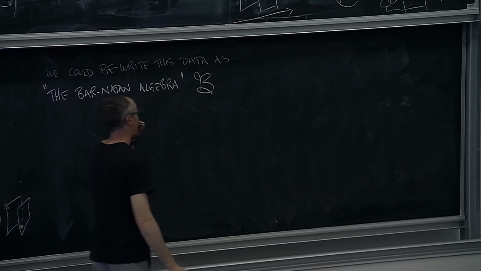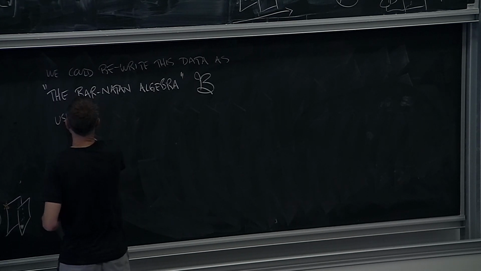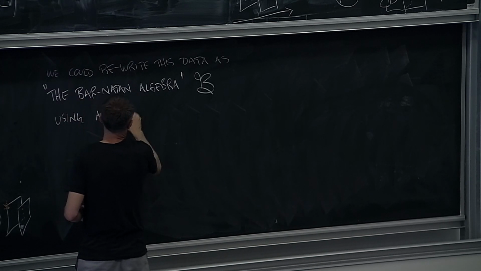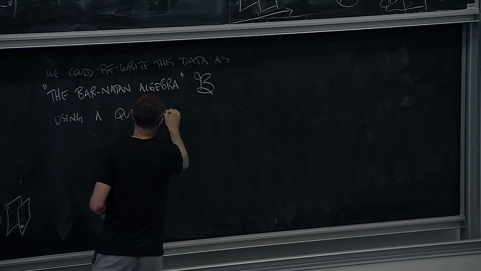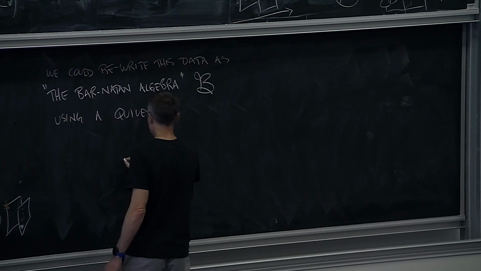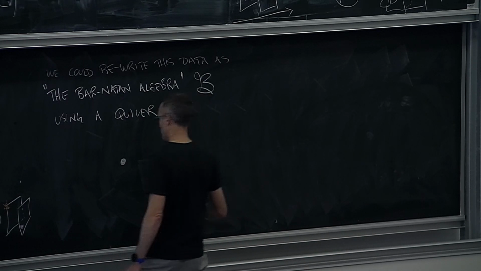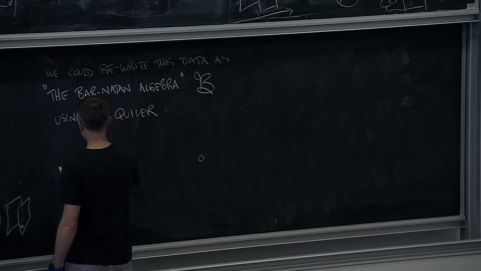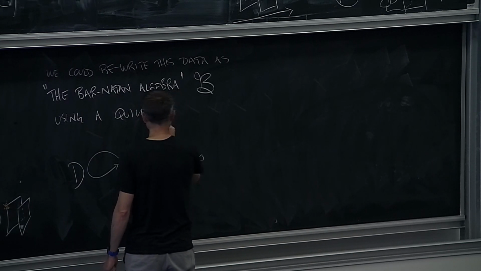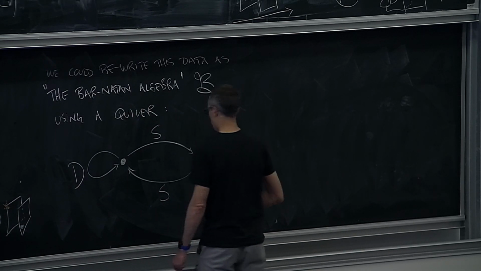I'll use one of the B's that hasn't been used yet, using a quiver. And these are exactly the types of algebra that we were working with last week in Claire Amio's lecture. So here, there's a different kind of dot. It's a dot on a blackboard, not on a sheet of a cobordism. And then there's a D. I'm not going to label these yet. We'll decide how to label them in a minute. S, and there's an S, and there's a D.